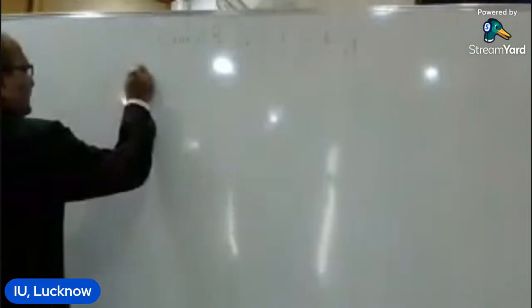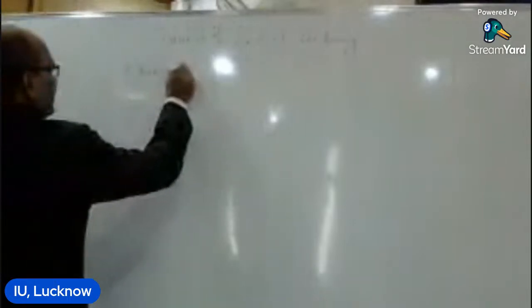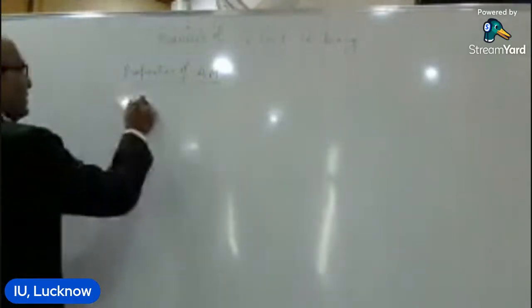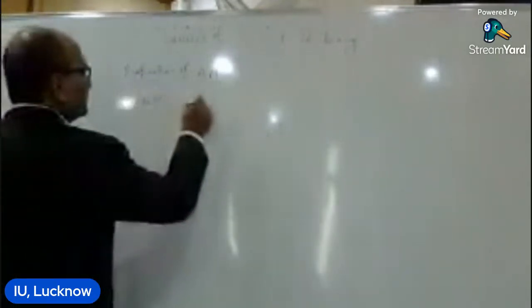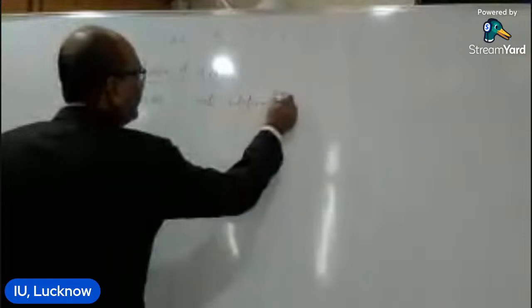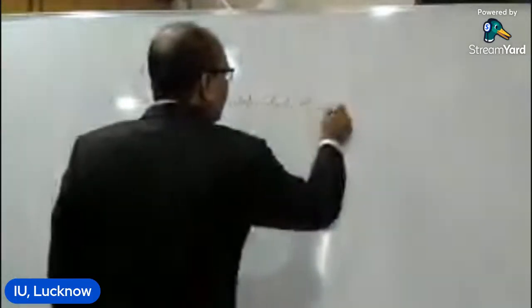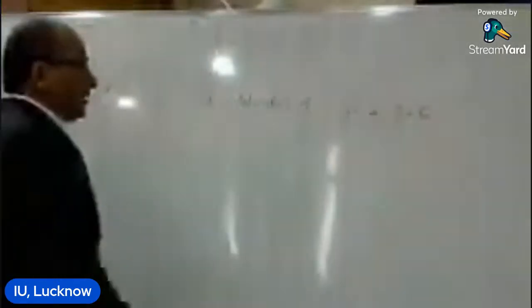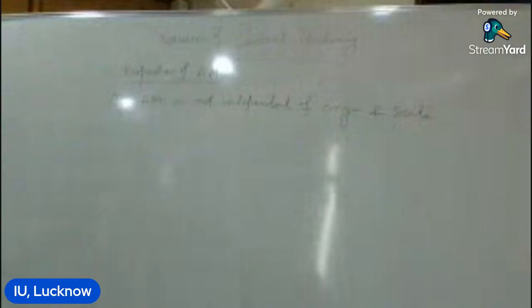Now some properties of arithmetic mean. The first property is: arithmetic mean is not independent of origin and scale.